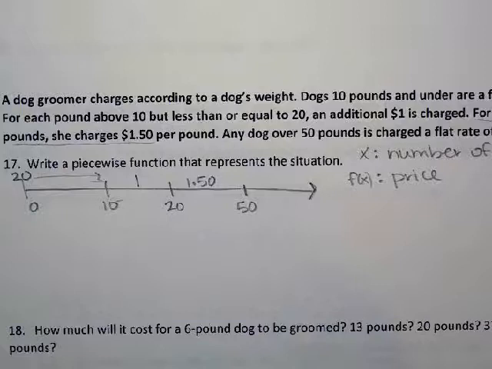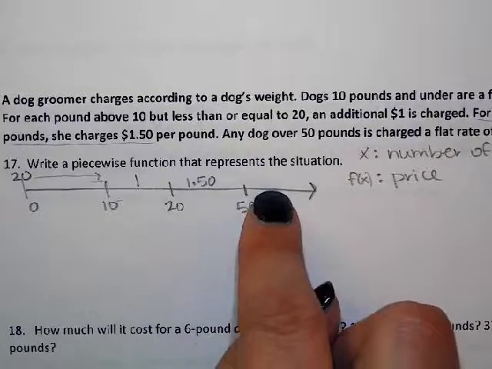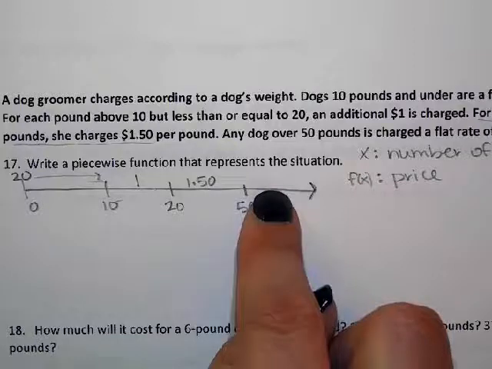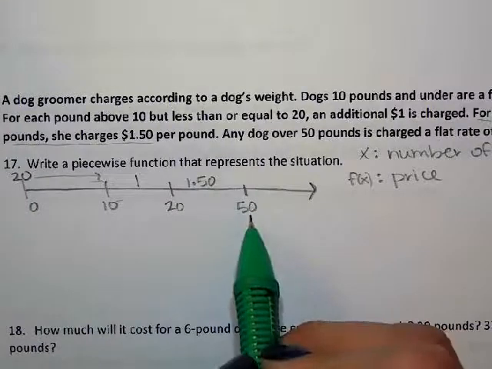And then after that, we don't have a rate anymore. We don't have something per pound. We just have a flat rate. Like this is just what it costs. And so what does it actually cost if the dog is above 50 pounds? $100. So I'm going to write, since it changes, per pound. And then I'm just going to write $100 flat rate.